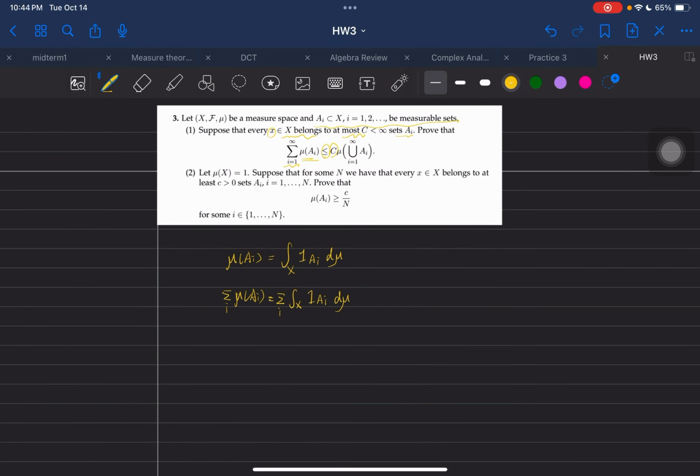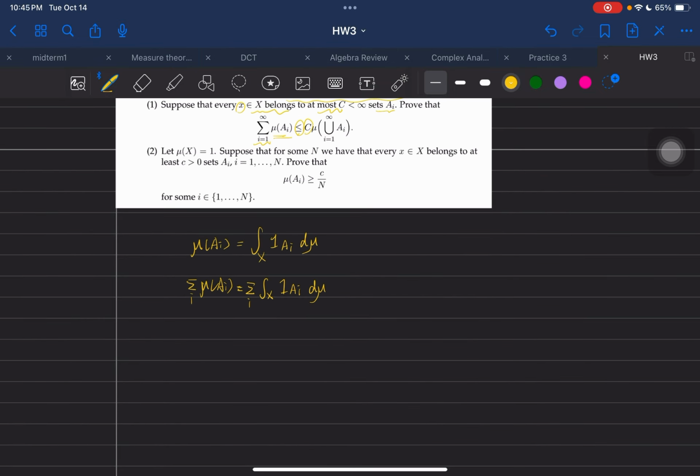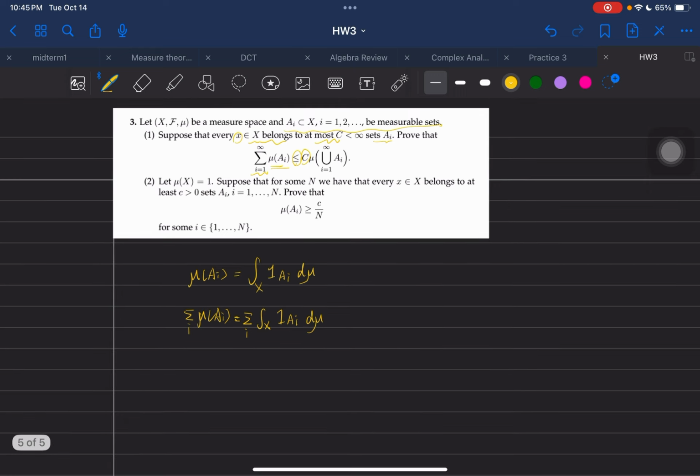And notice here we're gonna use the condition that every x belongs to at most C of the AIs. So maybe this color is weird. Yeah, we can use that one. Oh, that one is also weird. So anyways.